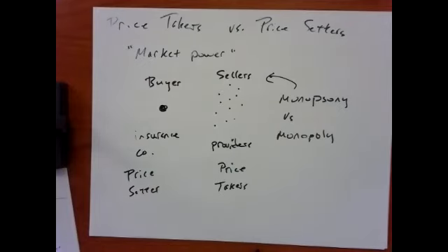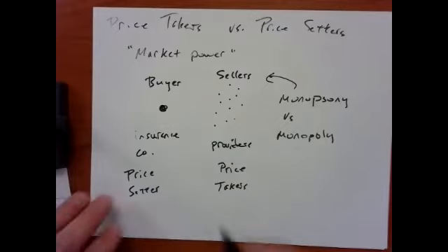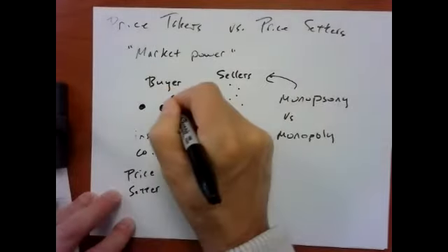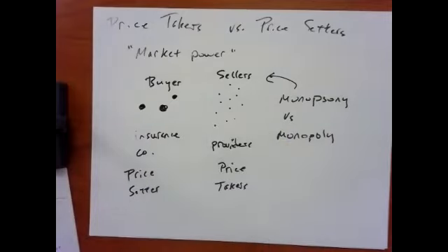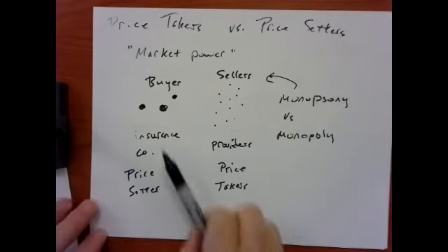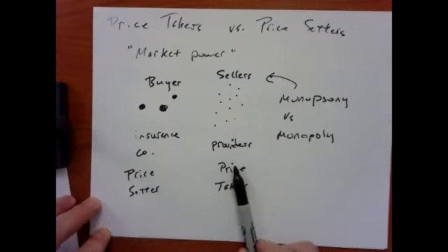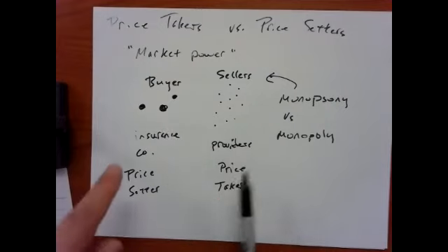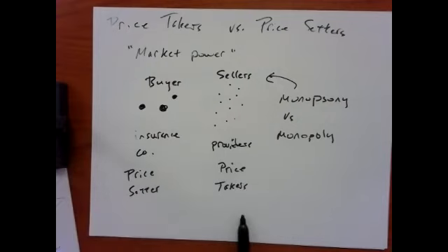As you increase the number of buyers relative to the number of sellers, the relative power of the buyers goes down, and the relative power shifts, so that there's more of a neutral situation.